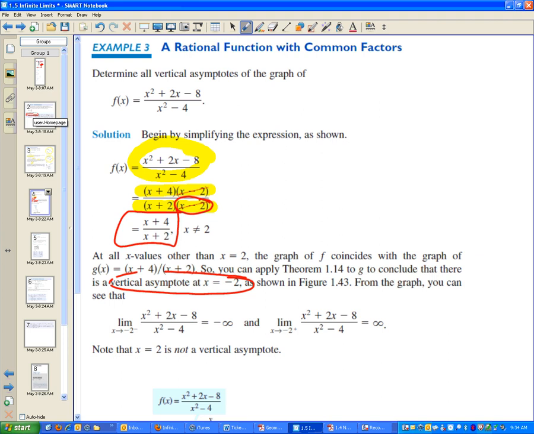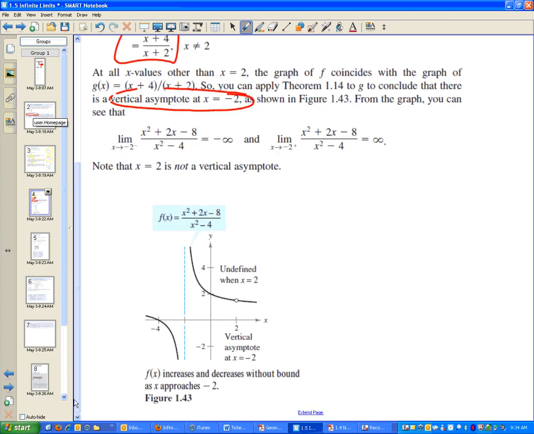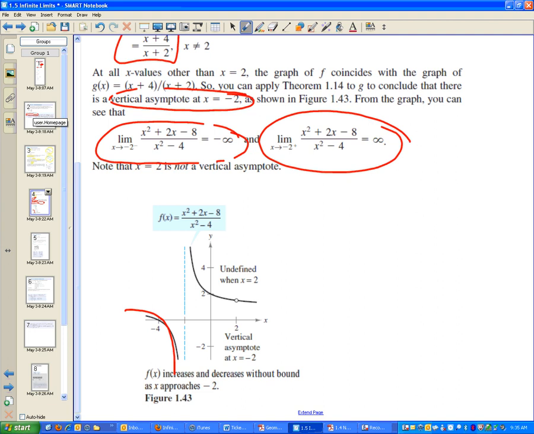Now, to actually know what the graph looks like, we would need to find the limit as x approaches -2 from the left, find the limit as x approaches -2 from the right. So we see that as x approaches -2 from the left, the limit's -infinity. So I know the graph goes down as it approaches that vertical asymptote from the left. Then the limit from the right is +infinity. So as the graph approaches the vertical asymptote from the right, it goes up.